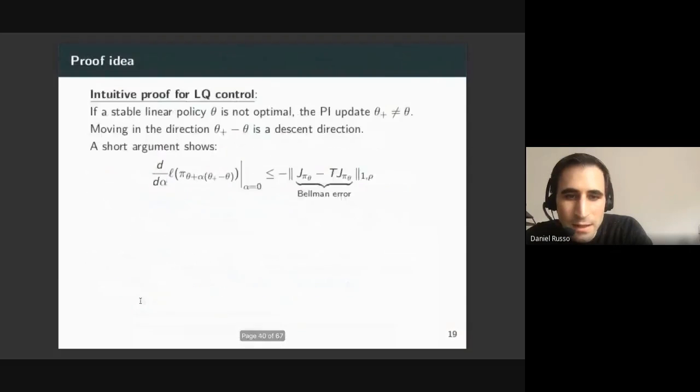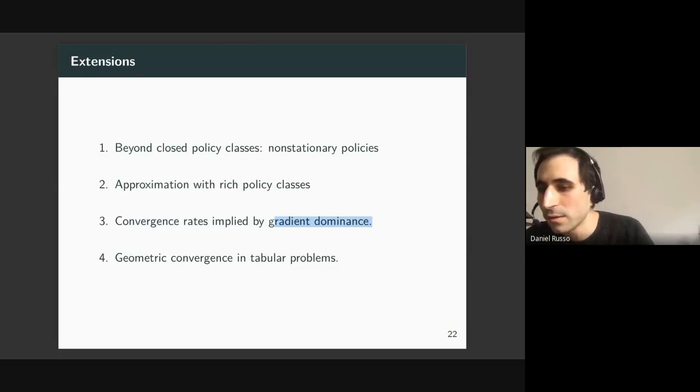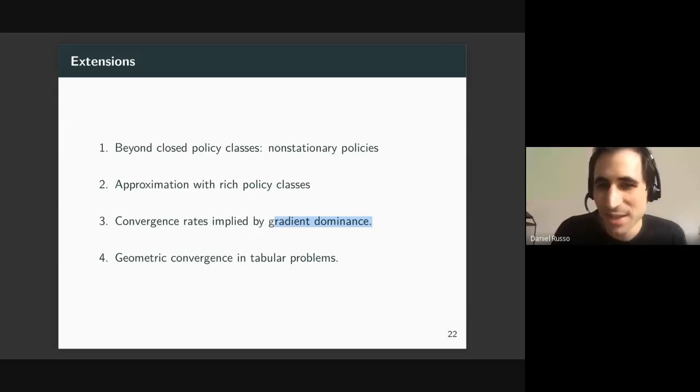When you have something like the convexity of the Q function in the action, and further convexity of the Q function in the policy parameter, that's what was leading to this gradient dominance. So somehow the stronger condition is buying you more in some of those examples. So it's not lost, but it moved to the extensions.